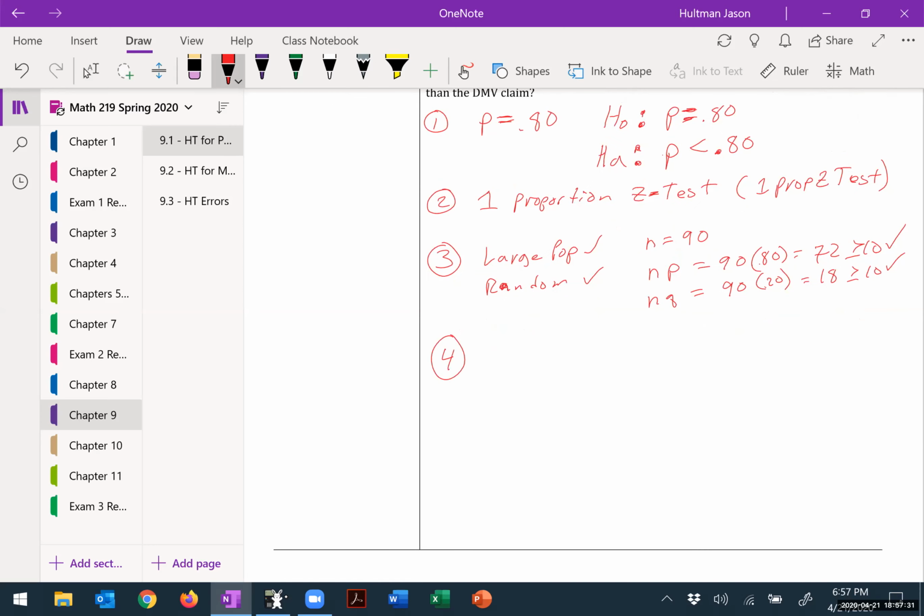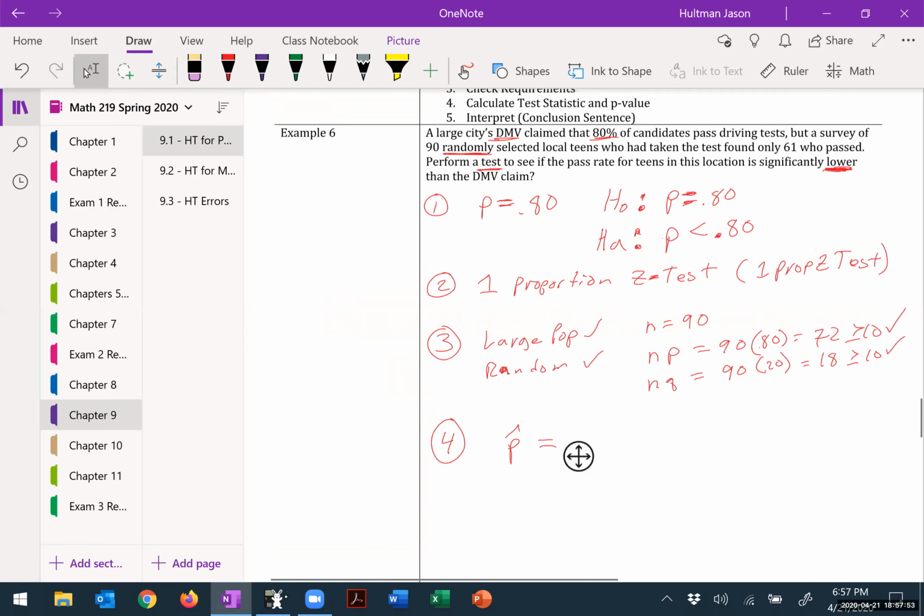Number 4, let's calculate our statistics. What's p hat in this case? p hat is our sample proportion.